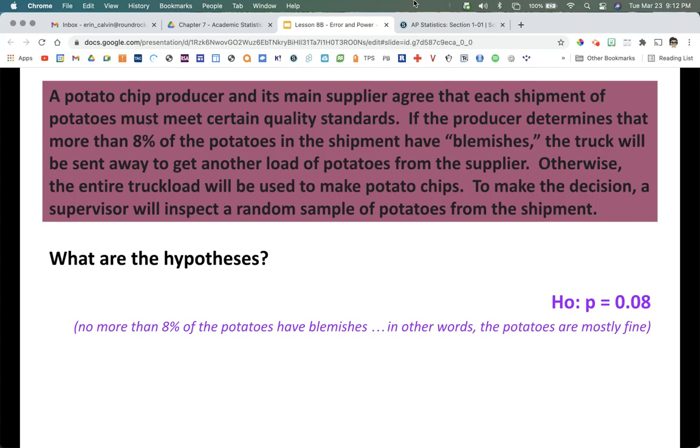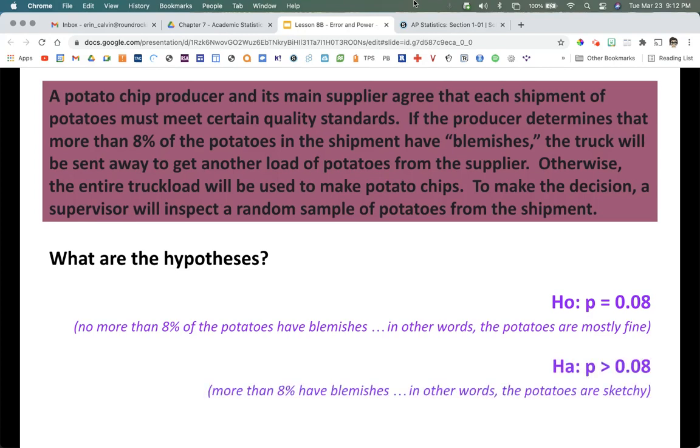The potatoes are mostly fine. Your alternate, what we're testing for, is more than 8%. That's what we want evidence for. So the alternate would be p is greater than 0.08, which would mean that more than 8% of the potatoes have blemishes, so overall potatoes are sketchy.